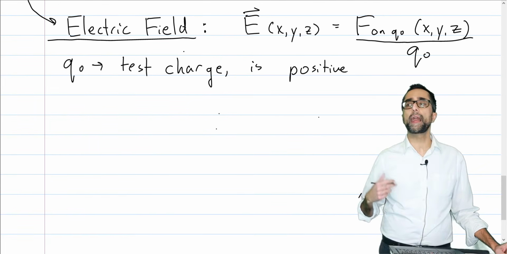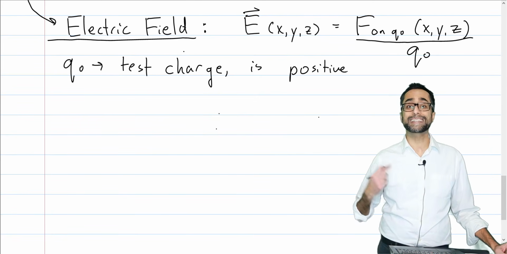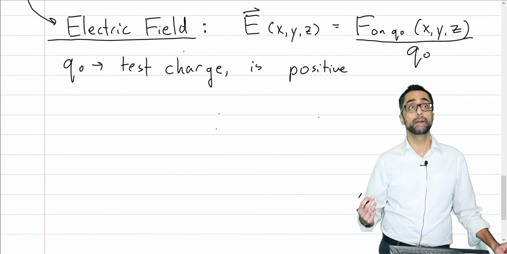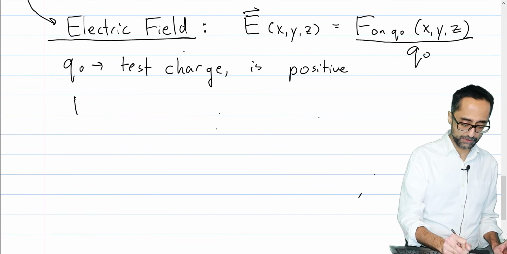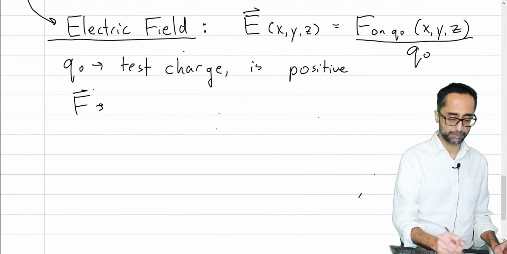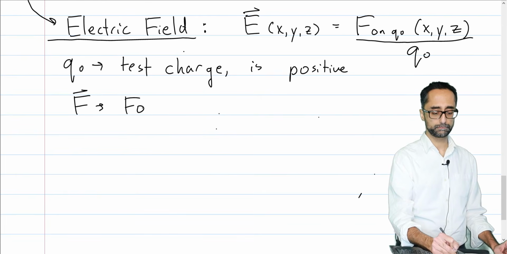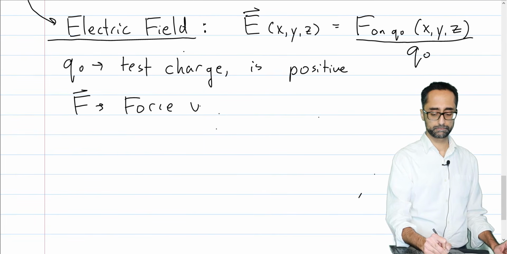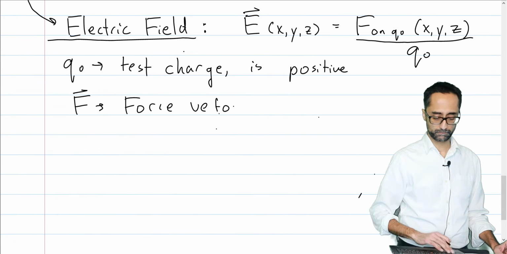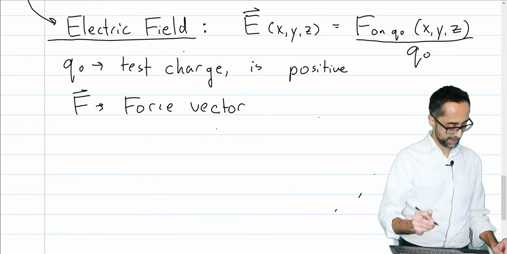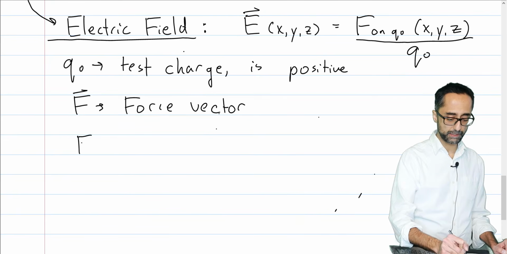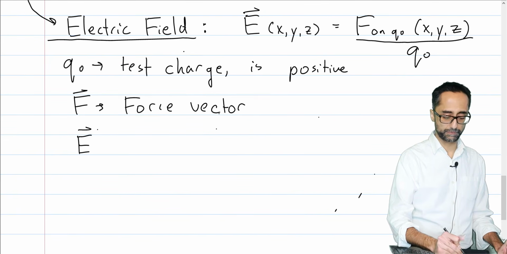But what we have with our test charges, it's going to help us to understand how an electric field works. And you'll see that in a second. F, as usual, is our force vector. And finally, E is the electric field vector.